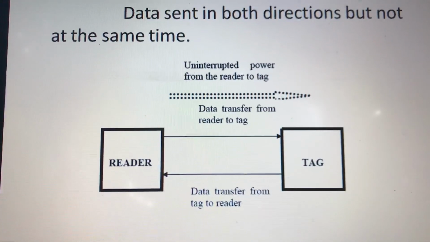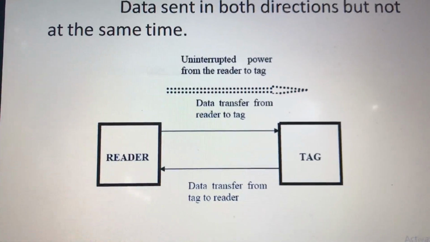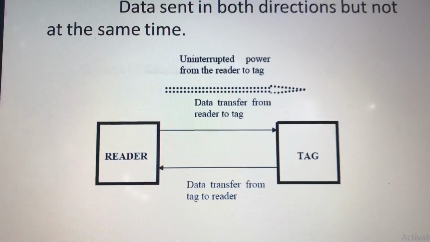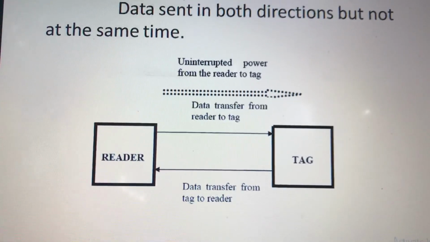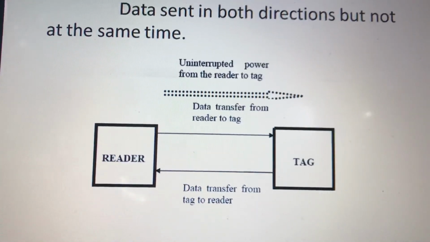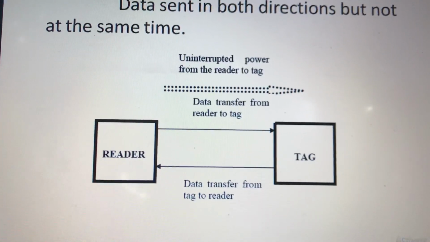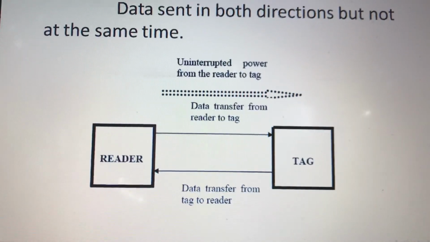After a while, the tag replies back to the reader. Or also take an example of a telephonic conversation between two people. One speaks and the other listens. After that, the other speaks and the first one will hear what the second person is saying.